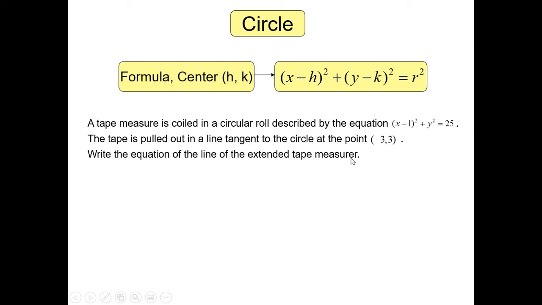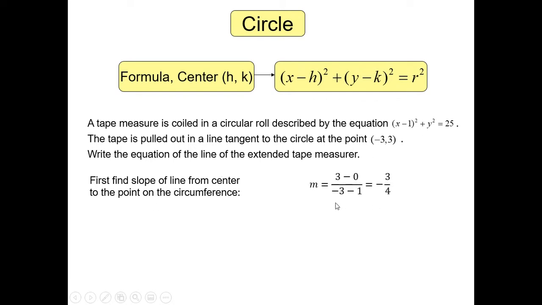So that's going to be a tangent line that's going to have a point (-3, 3), and we have to figure out what the slope of that line is based on what the center of this circle was, because the line from the center to this point is going to be perpendicular to the tangent line. So first find the slope of the line from the center to the point on the circumference.